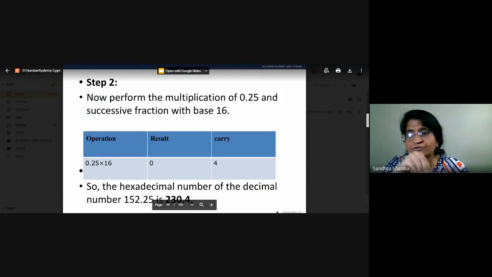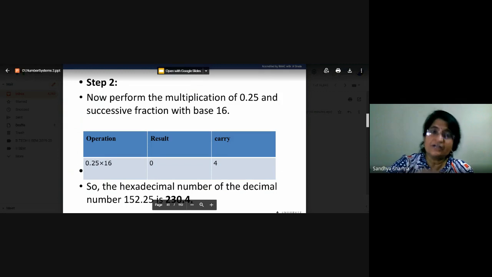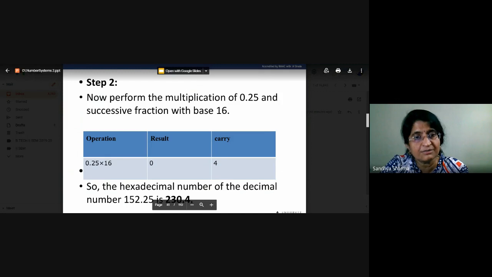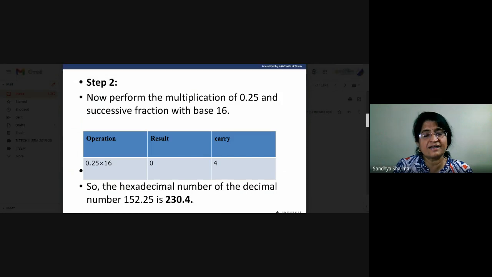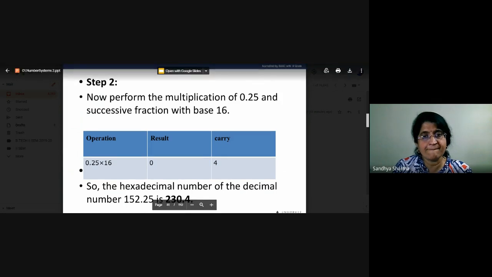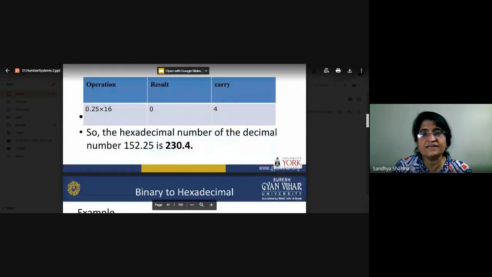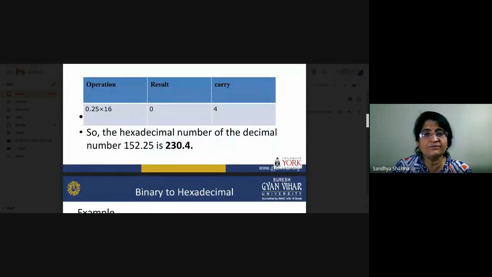So always remember what base we are using. First of all, we have to decide the base of that particular number system, because the base is very important. So 0.25 is multiplied by 16, and the result has carry 4. This hexadecimal number will be equal to this one.